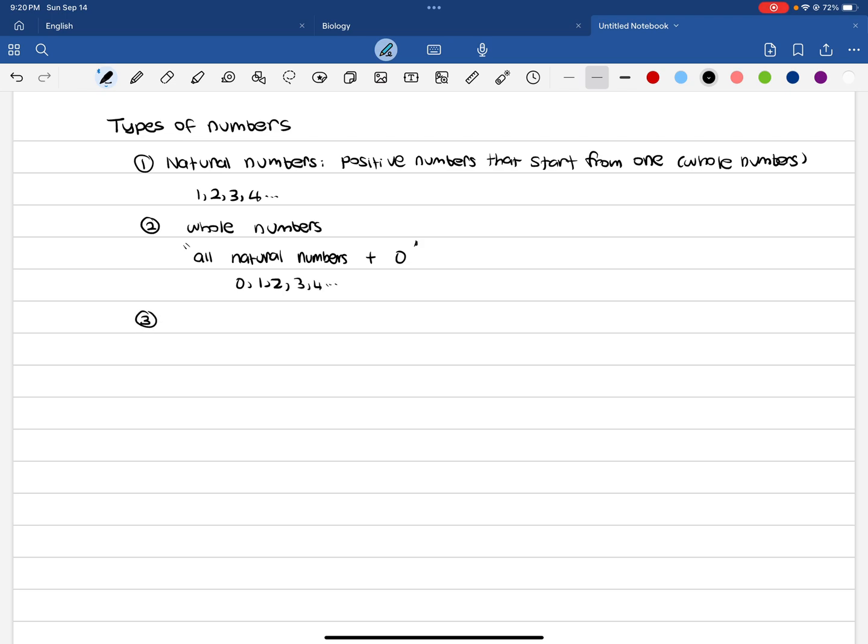Number 3, integers. It's a whole set of numbers including negative natural numbers.